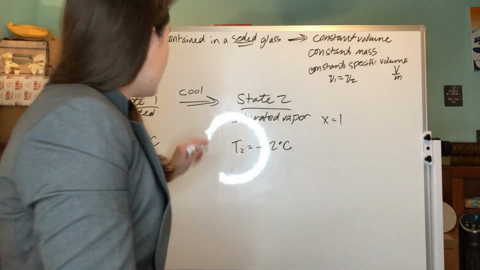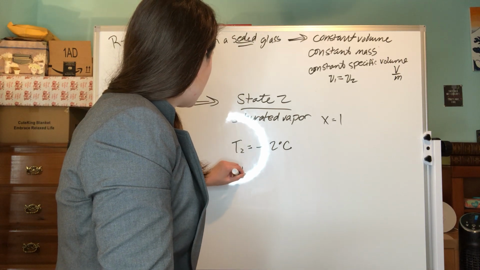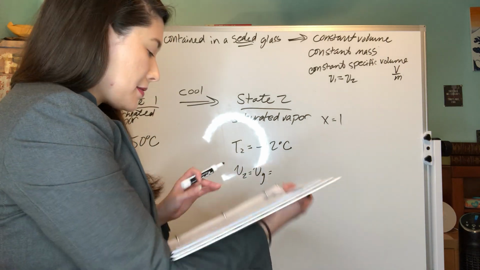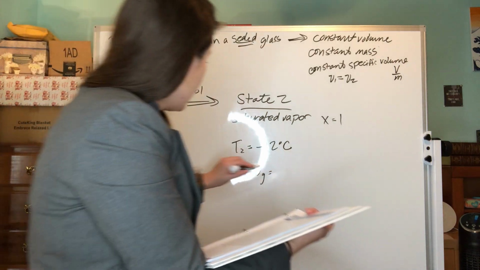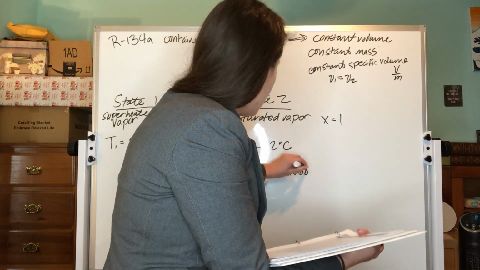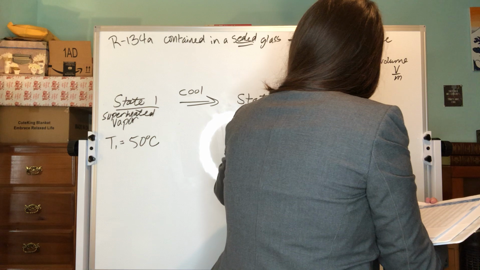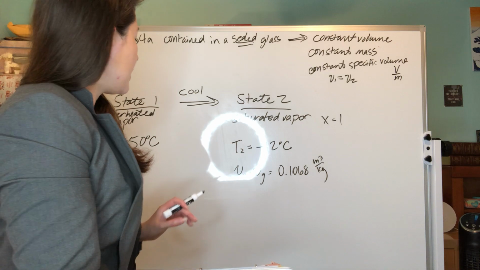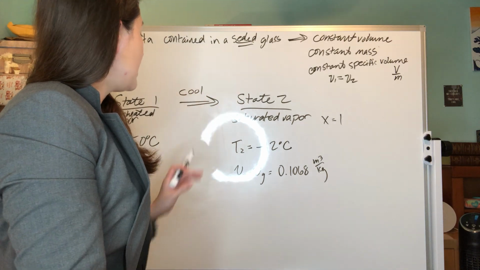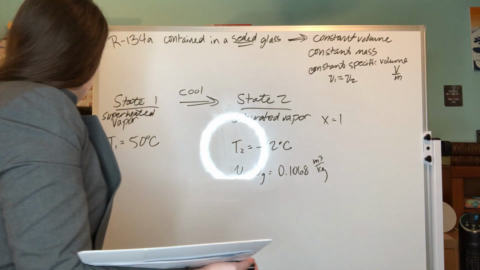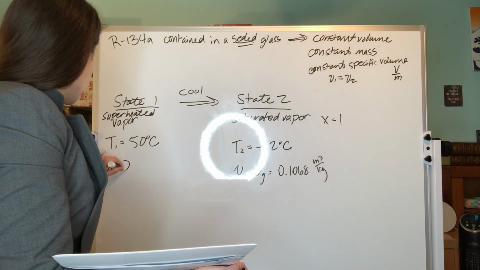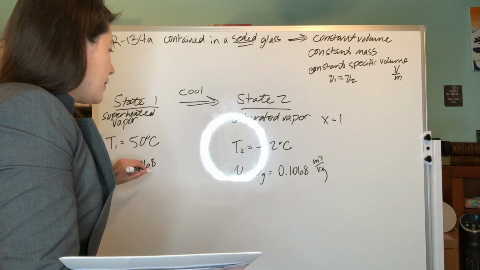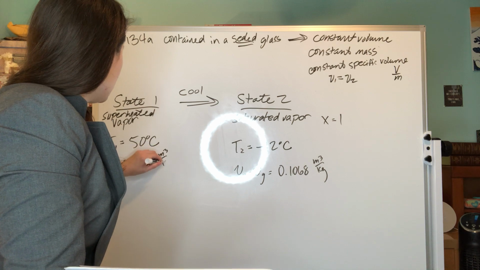So we know that the specific volume v2 is going to be equal to vg, which is the specific volume for just the gas, and that is equal to 0.1068 cubic meters per kilogram. And like we said before, because this is constant specific volume, v1 equals v2. So over here we also have the same specific volume, 0.1068 meters cubed per kilogram.